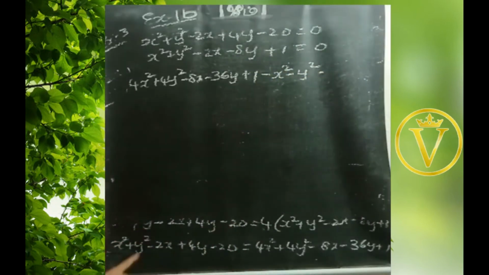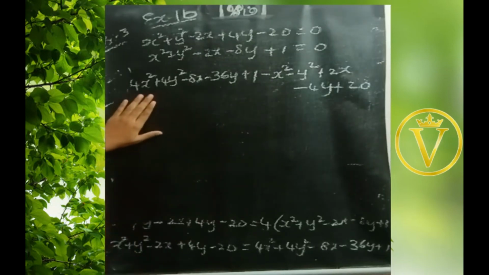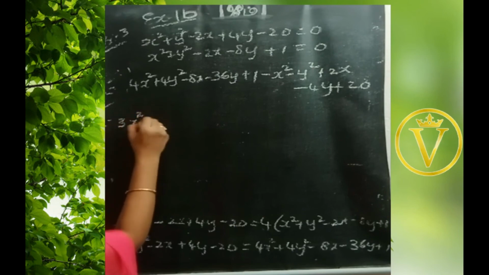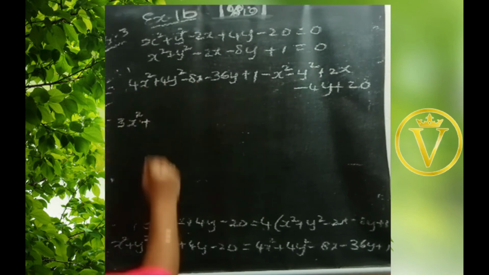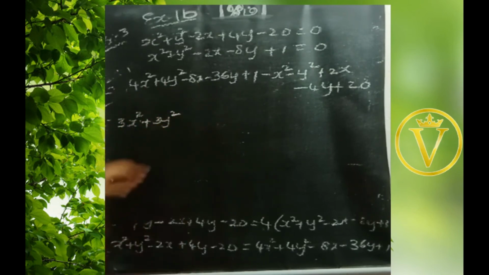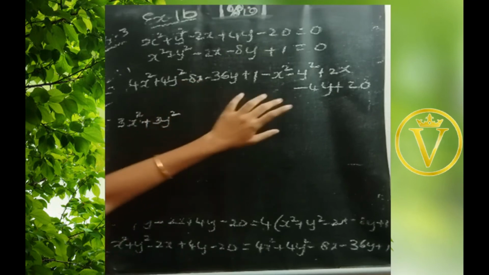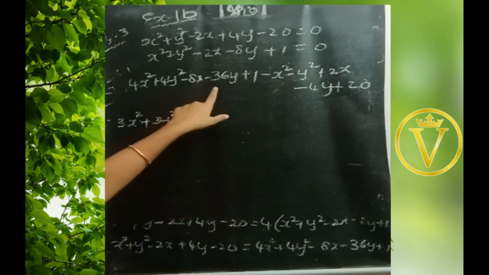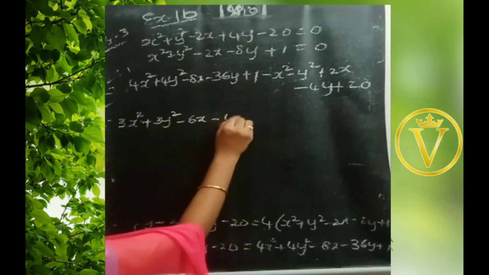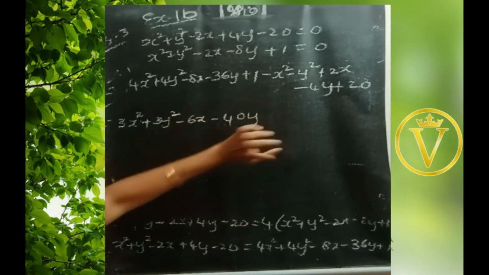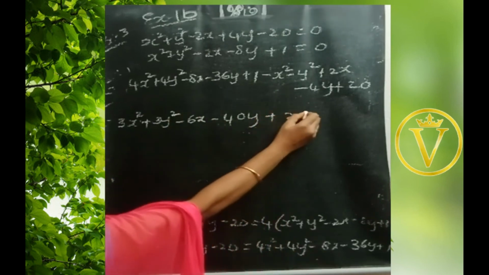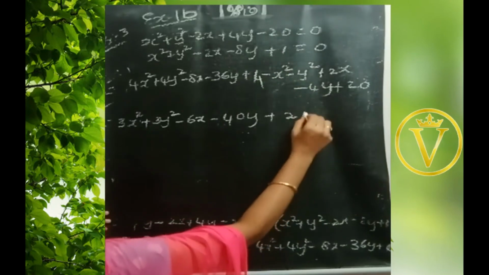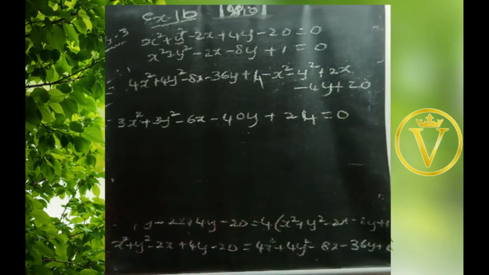So 4x square minus x square is 3x square. 4y square minus y square is 3y square. Minus 8x plus 2x is minus 6x. Minus 36y minus 4y is minus 40y. 1 plus 20 is 21, and you get 4 here, so 24 equals 0.